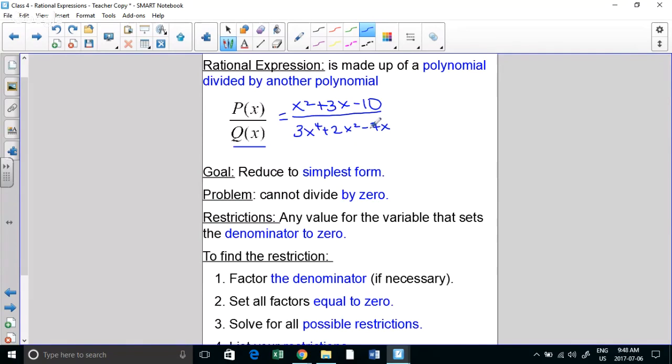So I have a polynomial divided by a polynomial. So we're going to be doing things like fractions. So this is a fraction, but instead of number on top, number on bottom, we have polynomial on top, polynomial on bottom. So a lot of the things that you've done with fractions in the past, we're going to be doing with these rational expressions.